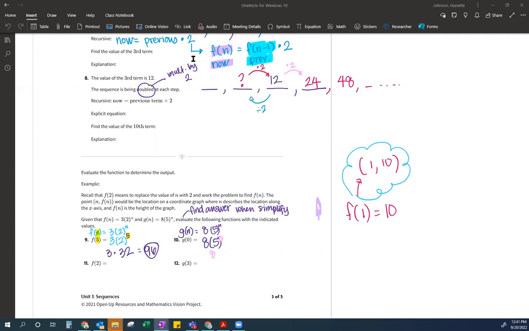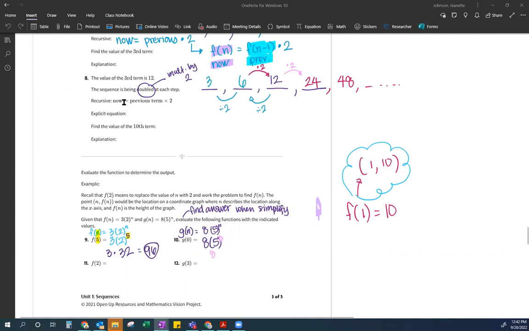And so I put a 6 there. Similarly, I would go back and find the first term. So there's 6, and then if I do that again, and I'm going to use divide by 2 because I like the backwards way. So 6 divided by 2 is 3, and that helps me. Done.